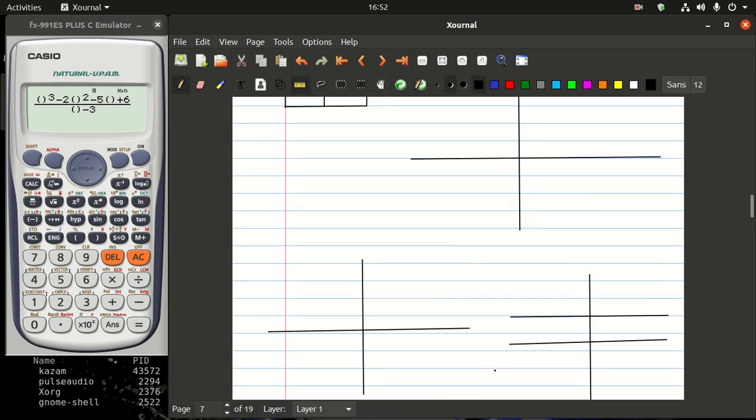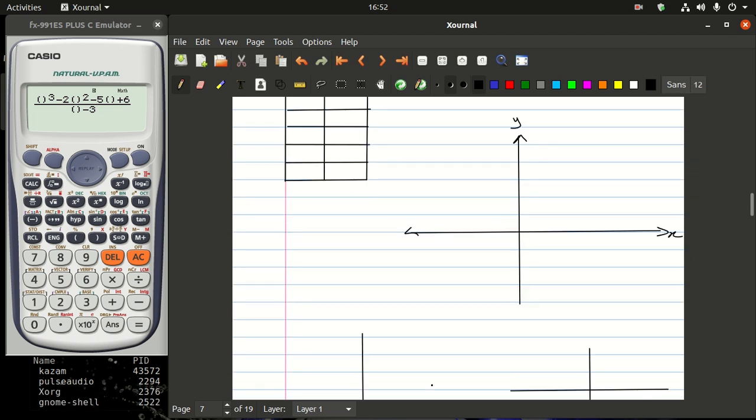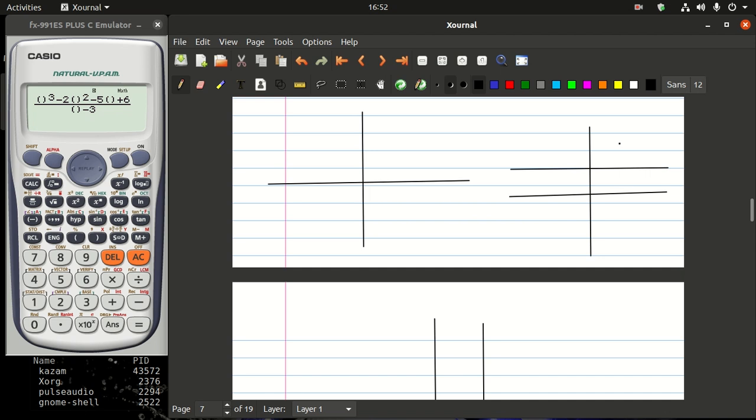And now let me do this. This side we're gonna have y-axis, this is gonna be x-axis. Okay, and then this side, you're gonna have a nice curve like this, and then here I want us to have a nice curve.